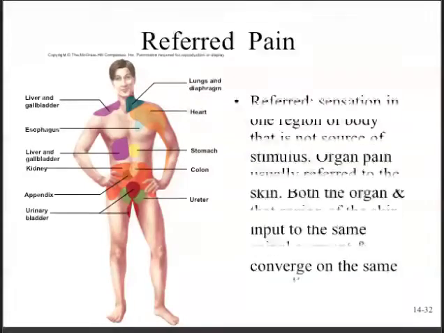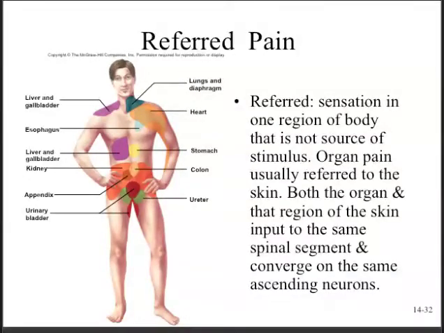Now, referred pain is a very interesting phenomenon. It's the sensation in one region of the body that is not the source of the stimulus. In other words, you might have an internal organ that's in pain, but the sensation will be felt as if it were somewhere on the body's surface.